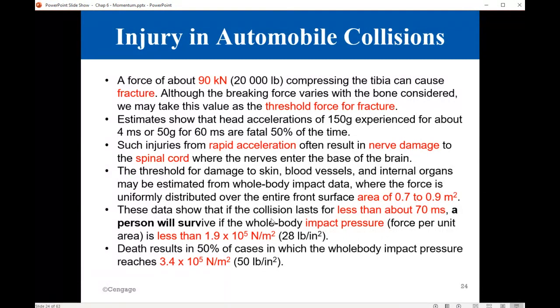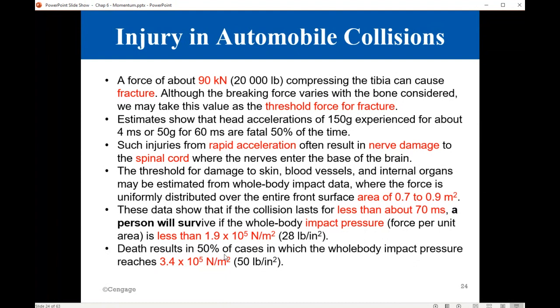This way we can estimate the impact pressure. The impact pressure in a typical head-on collision is 1.9 by 10 to the power 5 Newton per square meter, which is equivalent to 28 pounds per square inch.